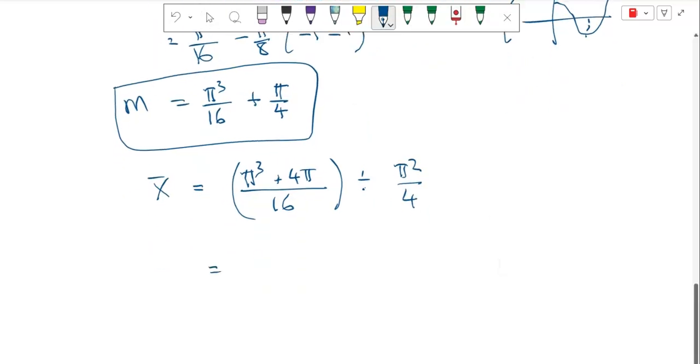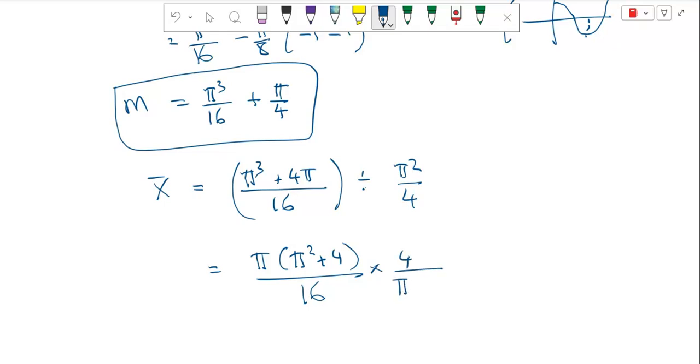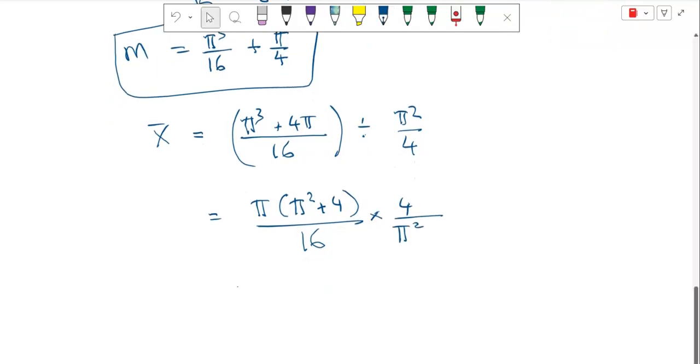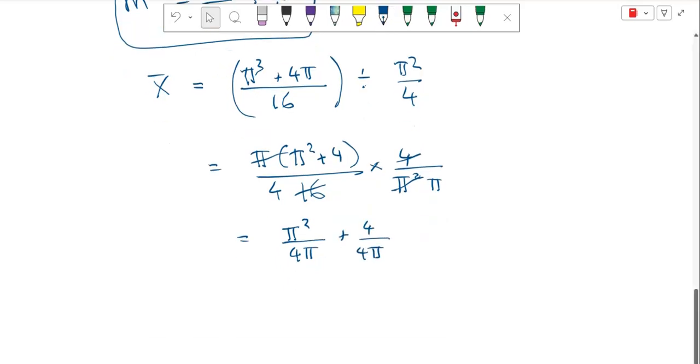So working slowly, we get pi times pi squared plus 4 over 16 times 4 over pi squared, which gives me, let's see, that gives me 4, and that pi go. So I get pi squared on 4 pi plus 4 on 4 pi. You would have got 4 marks for getting to here, by the way, but let's just fix it up.